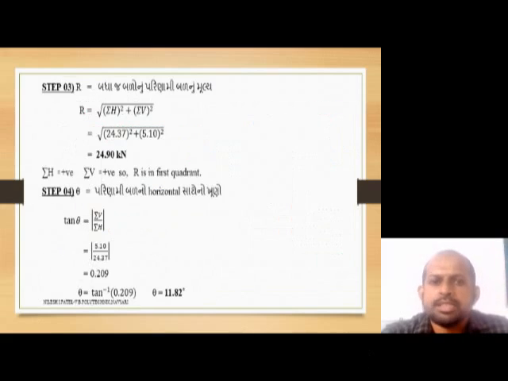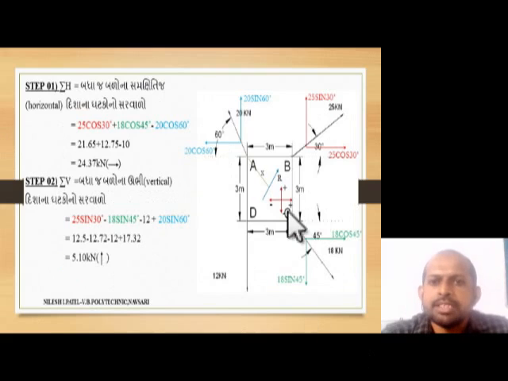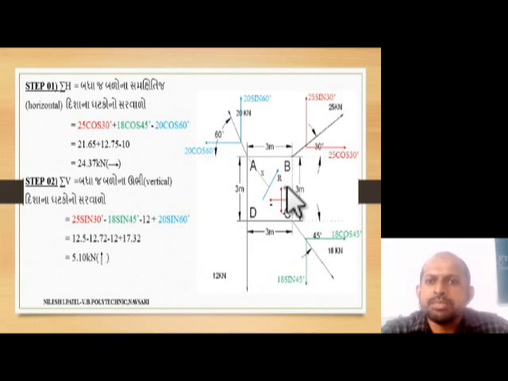If the value of sigma h is positive and the value of sigma v is positive, my resultant is somewhere over here, because the summation of horizontal components is positive and the summation of vertical components is also positive. So my resultant force is in the first quadrant.